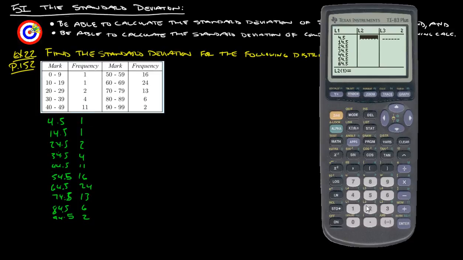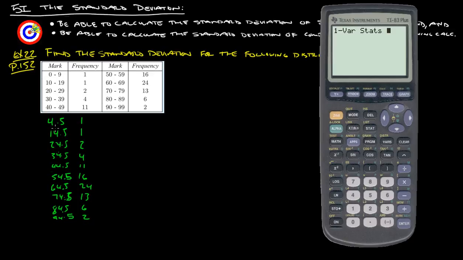Okay, so there's all of this column here, and then we just got to enter in our frequency in the next column. So 1, 1, 2, 4, 11, 16, 24, 13, 6, and 2. Okay? And then we just do what we did before.